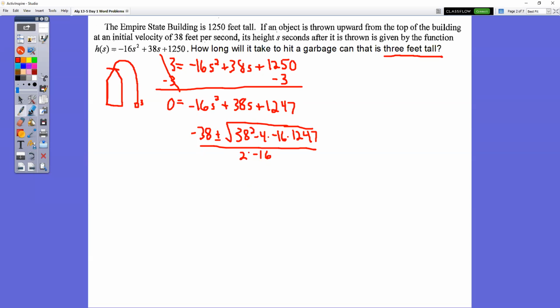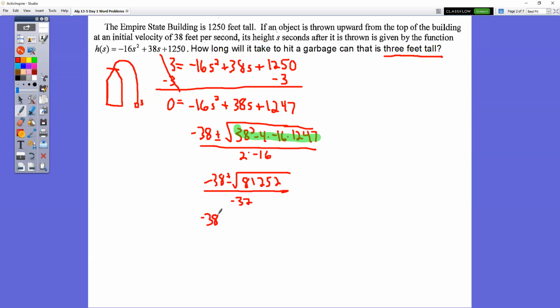When we type this into the calculator, 38 squared minus 4 times negative 16 times 1,247, we get 81,252. Now, again, all these problems are set up nice and neat, so that actually is a perfect square all over negative 32. This one actually is not a perfect square.